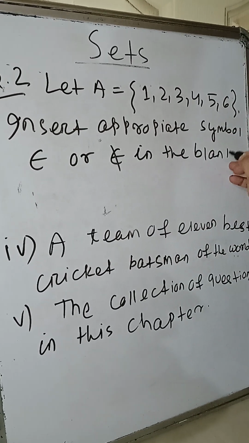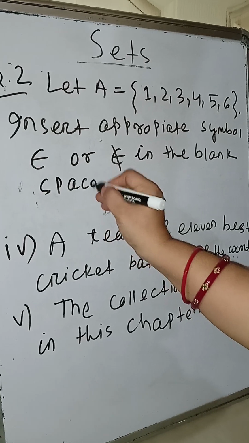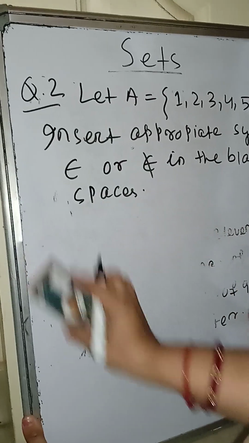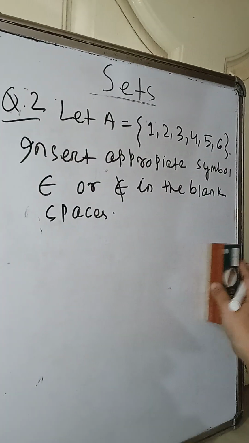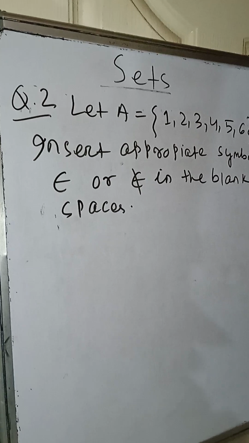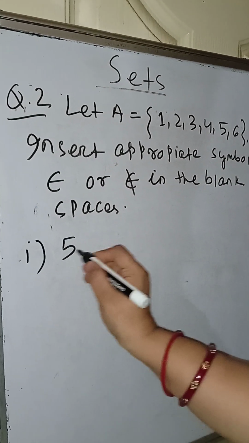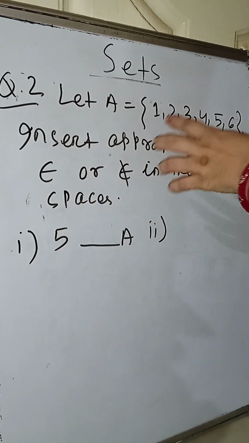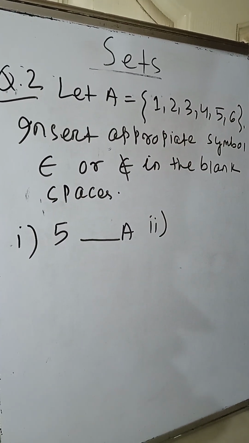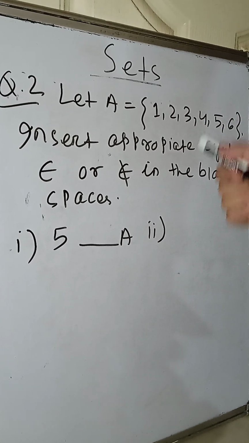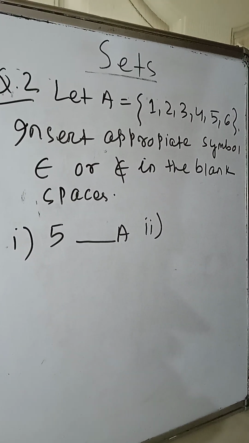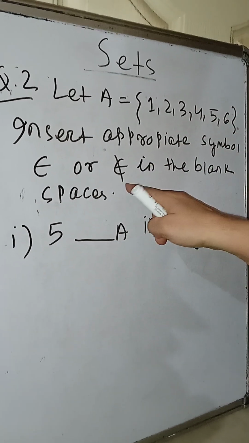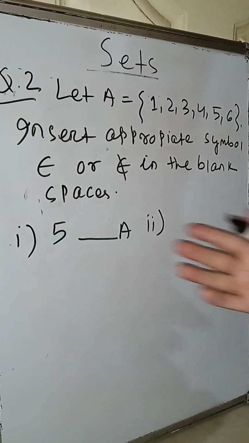I have already discussed this. Try to find, otherwise we will discuss. 5 blank A: 5 belongs to set A, or 5 does not belong to set A. You know when an element belongs to set A and when it does not. If it is present in set A, you will use the belongs to symbol. If it is not present in set A, you will use the does not belong to symbol. So accordingly you fill the blank.